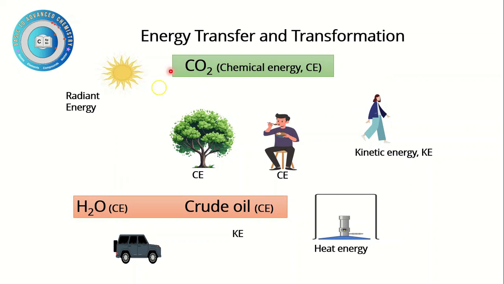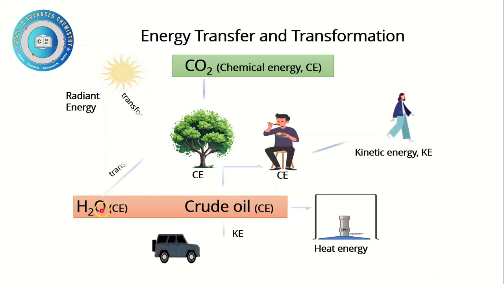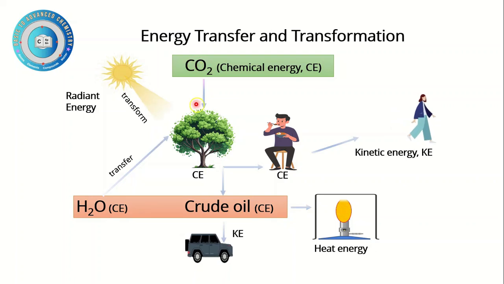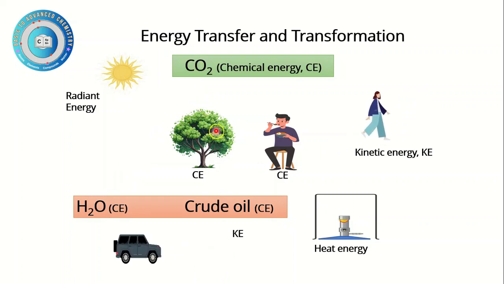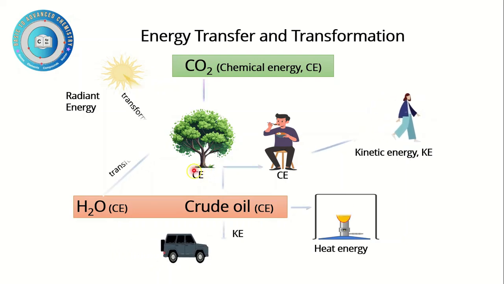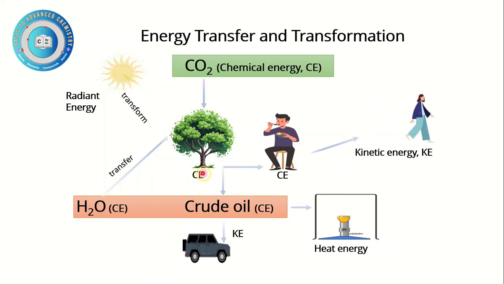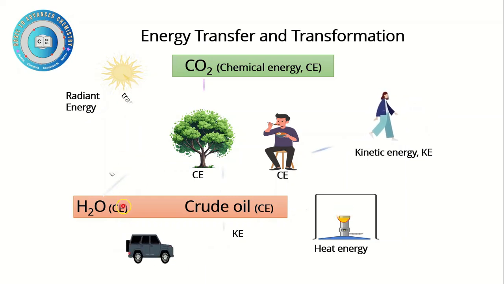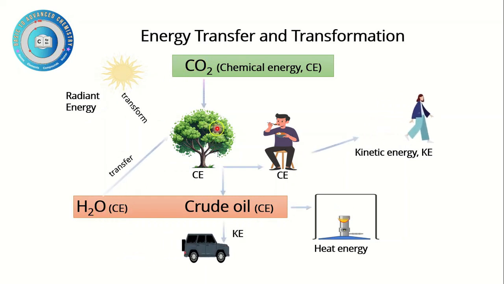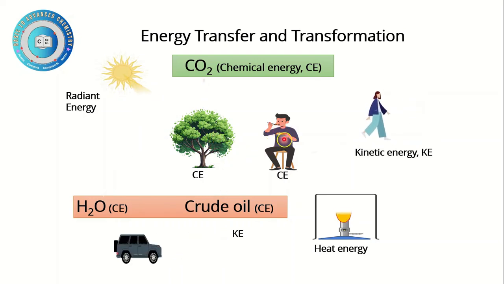Green plants prepare their own food by absorbing light energy, water, and carbon dioxide. So the food prepared by green plants contains chemical energy. This chemical energy is obtained from the transformation of radiant energy from sunlight, and chemical energy from water and carbon dioxide. The food produced by green plants is consumed by animals.